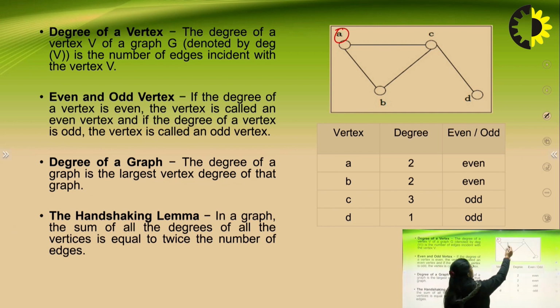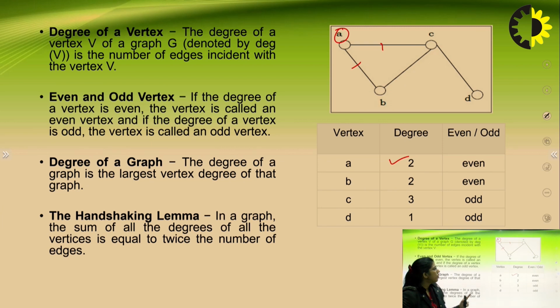So here we can see this edge and this edge are incident on vertex A, so the degree of the vertex will be 2. Similarly, for B it is also 2, because this edge and this edge are incident on vertex B. So here we can write 2.